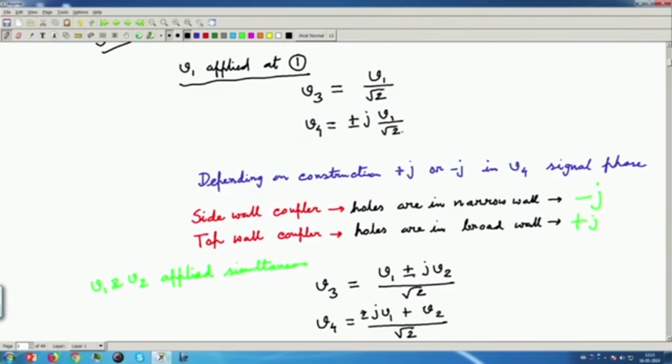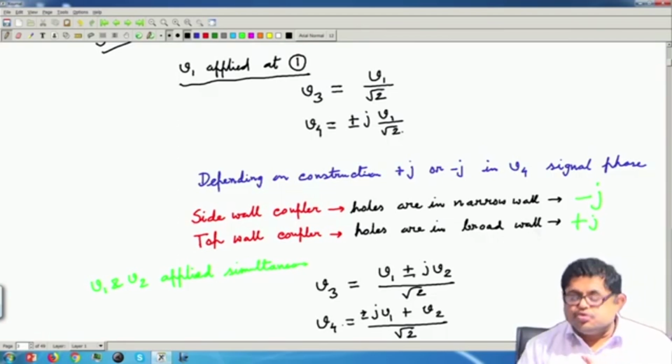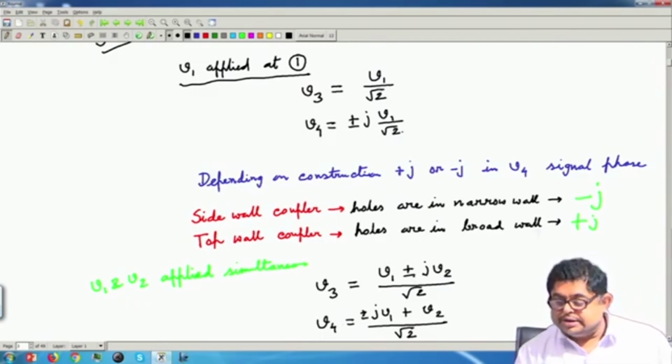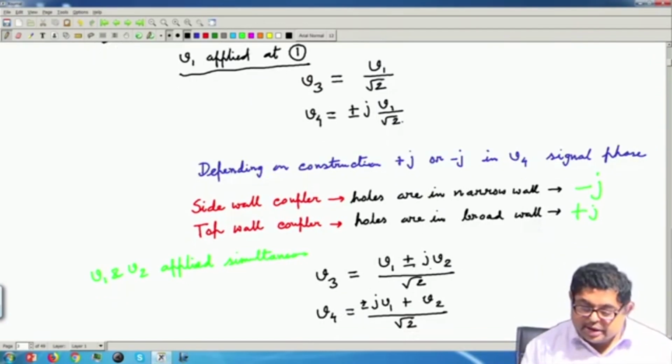The same sign of the quadrature term applies to both equations. Now you see that for V3, V4, if we want to make sum and difference, then V1 and V2 should have a phase difference between them. This is clear because this is not directly giving you the sum and difference, because there is a phase here. So, there are various possibilities.